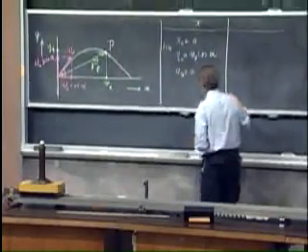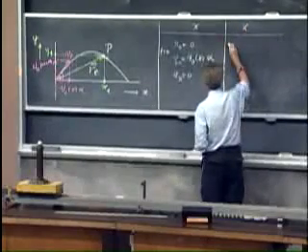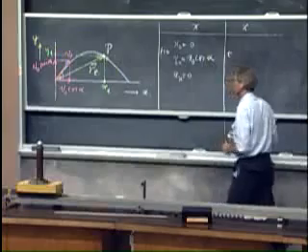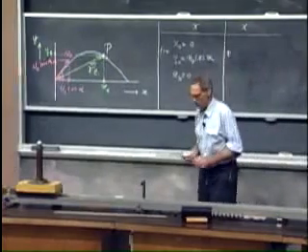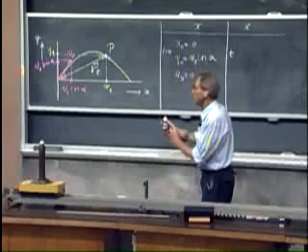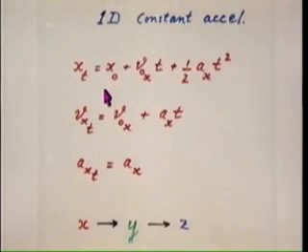Now I want to do the same in the x direction for time t. Well, at time t, I look there at the first equation. There it is. x0 is 0. I know v0x, that is v0 cosine alpha. So x of t is v0 cosine alpha times t.